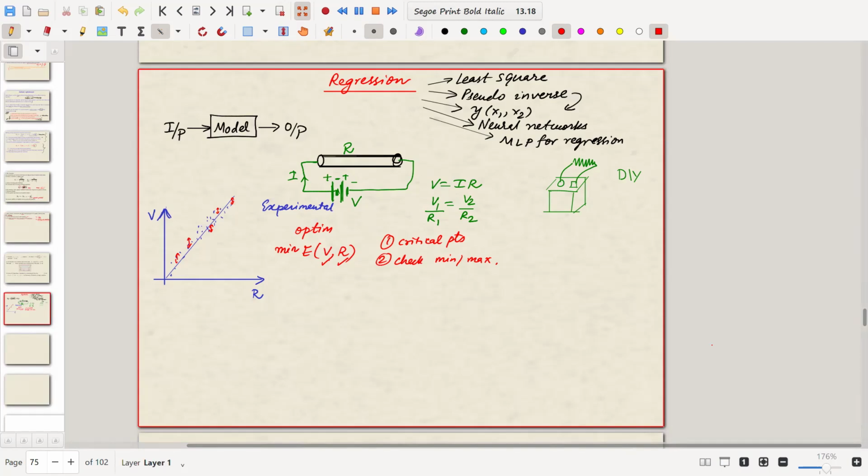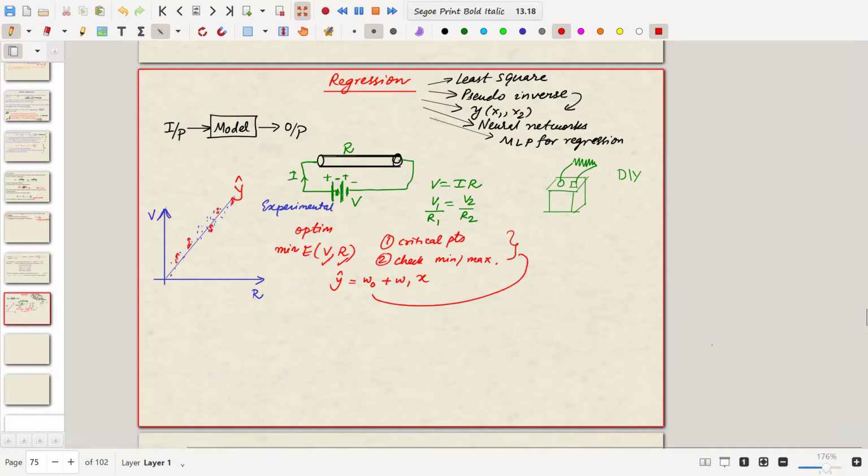Like that, we will find the coefficients. Suppose y hat is w0 plus w1 x. Then this procedure will give us w0, and it will also give us w1. Due to that, you will be able to find the best fit line which minimizes the error.